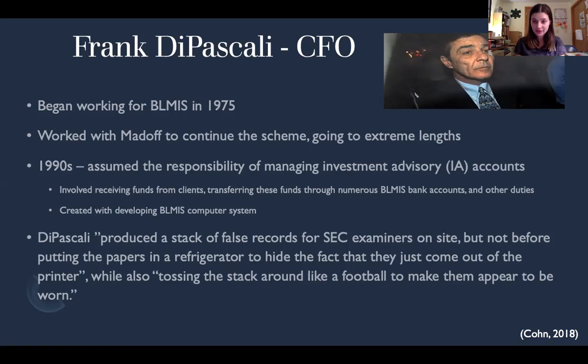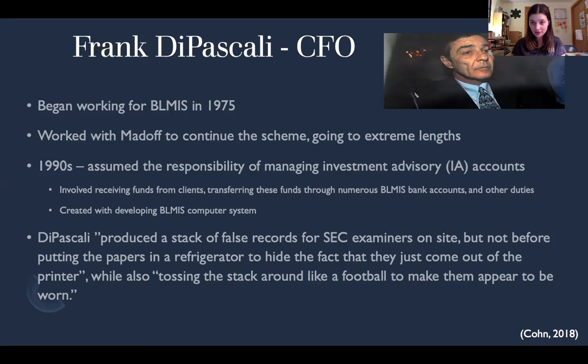There's one specific account that DiPasquale admitted to. One time when the SEC came to do an on-site visit to Madoff's firm, DiPasquale produced a stack of financial records for the SEC examiners on site.